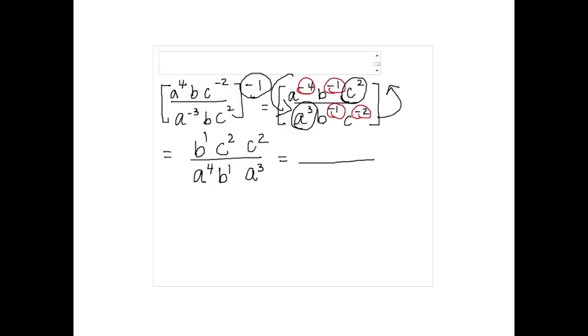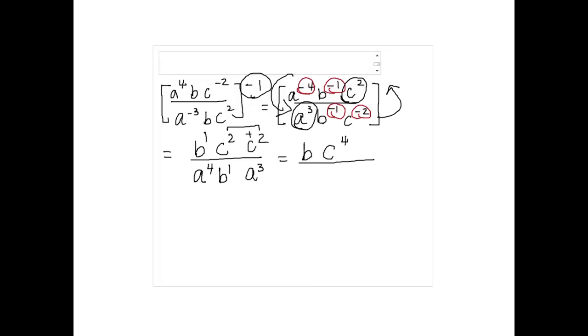Now we do not have any negative exponents, so we can add or subtract the exponents. Since we have only one b factor, b is on top. We have c squared times c squared, so we have c to the 4th power.